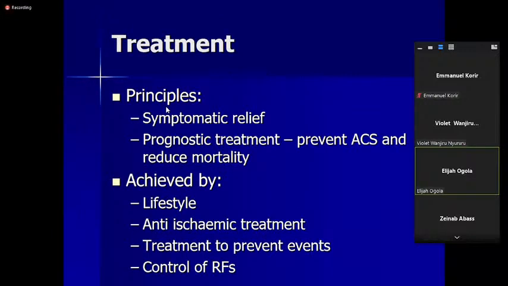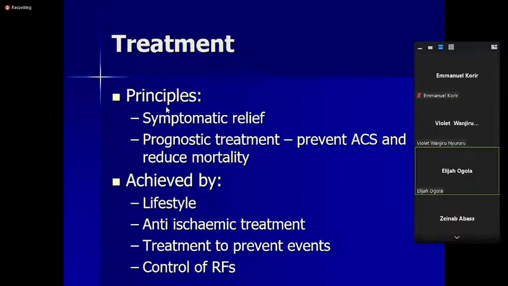In terms of treatment, basically there are two principles to the treatment of stable angina. One is symptomatic relief, so dealing with the pain, because that is what brings the patient to you. And two is what is called prognostic treatment. Treatment that does not address the symptoms per se, but addresses the disease process, so that you prevent progression to an acute coronary syndrome and mortality, because coronary artery disease actually kills.